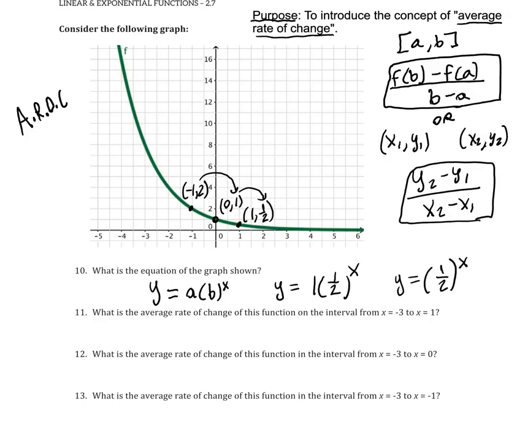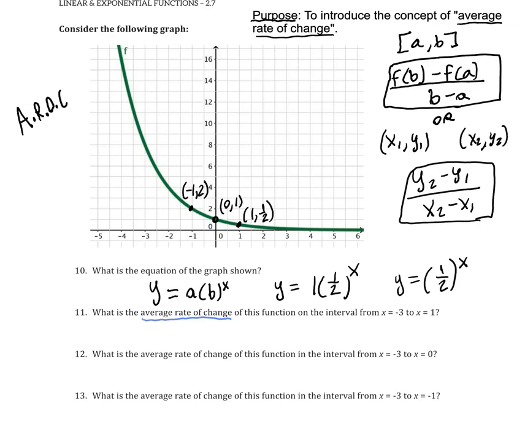And that's important. That allows us to answer questions like what we're going to be answering in number 11. So to answer question 11, we have to find the average rate of change of this function from x equals -3 to 1.